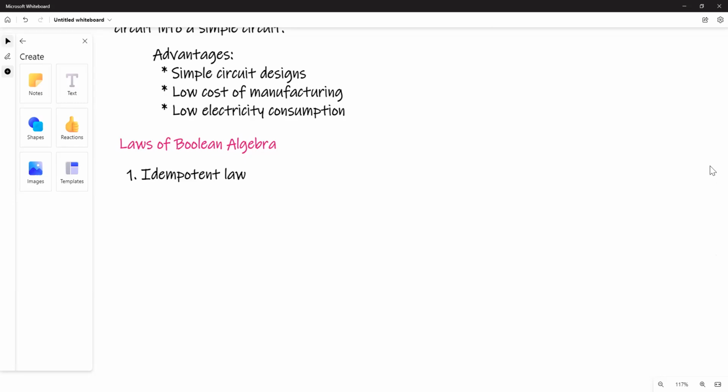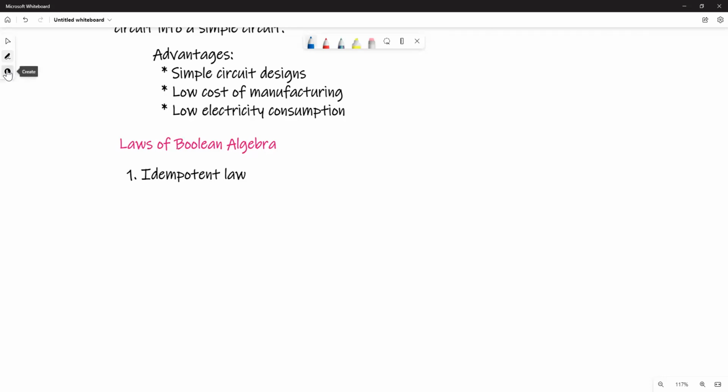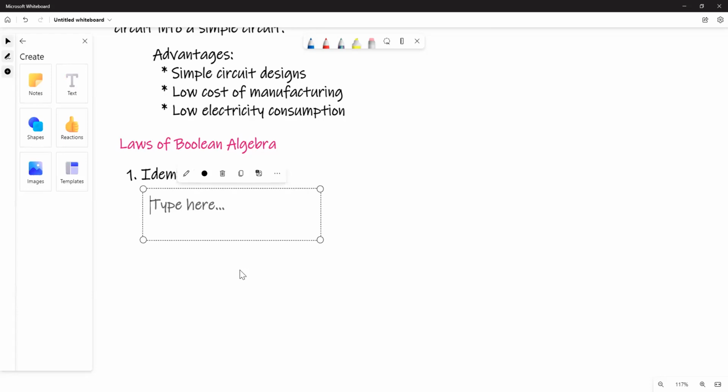The first law is, we can say A dot A is A. So this is one representation.